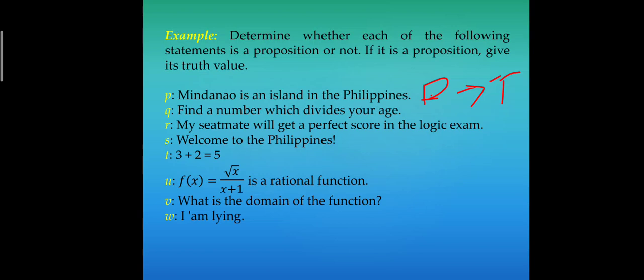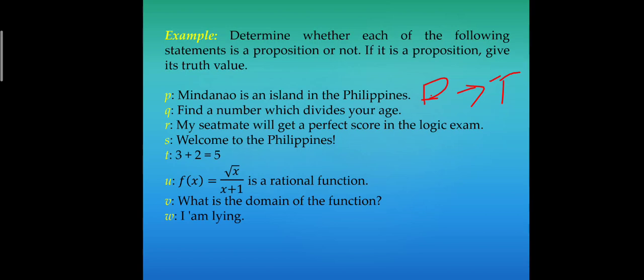So therefore, it is a declarative sentence. Although W is a declarative sentence, we cannot consider this a proposition. Why do you think? It's because the statement actually can neither be true nor false.